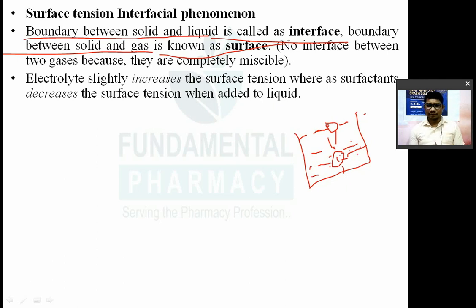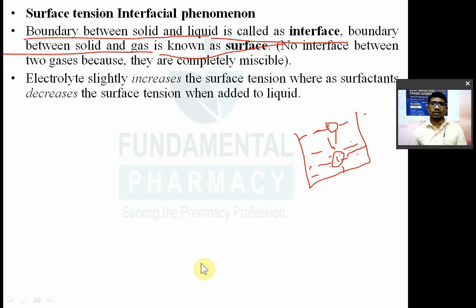So the molecule in the bulk is attracted equally from all dimensions. Those molecules which are at a surface are only attracted downward, okay? Now the downward pull is nothing but the surface tension, okay?